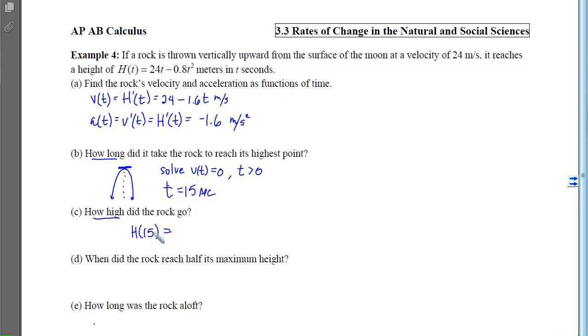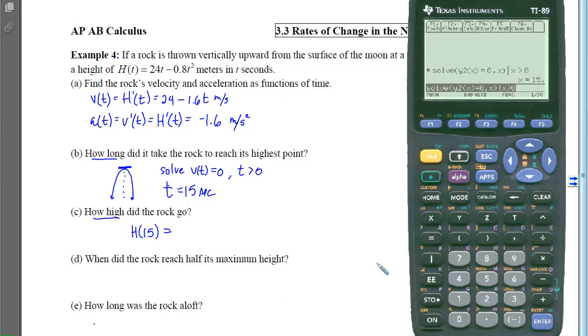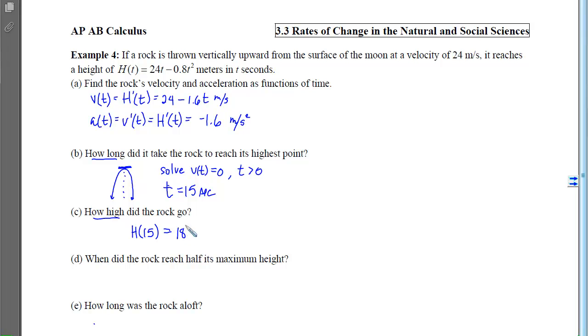So we're going to plug 15 into h, and remember we stored h in y1. So back to our calculator, and we can go to our y1 and plug in a 15. Hit enter, and we get 180 meters. So back here, we can now write 180 meters.